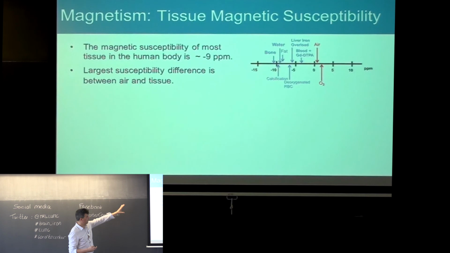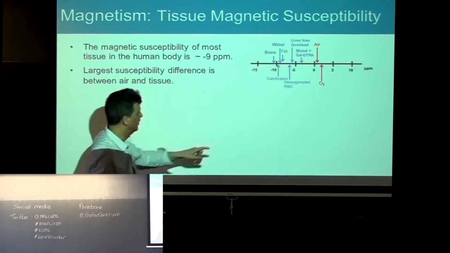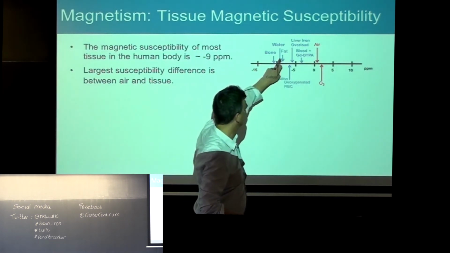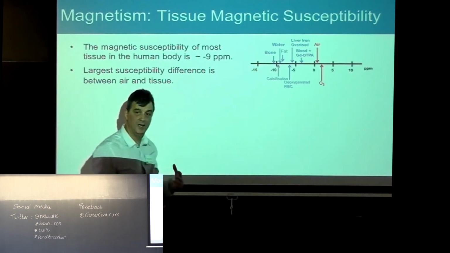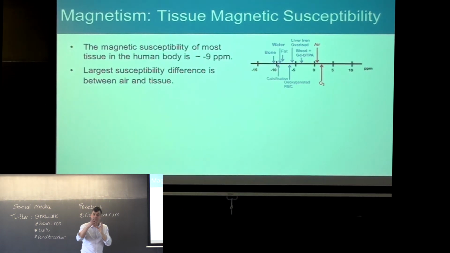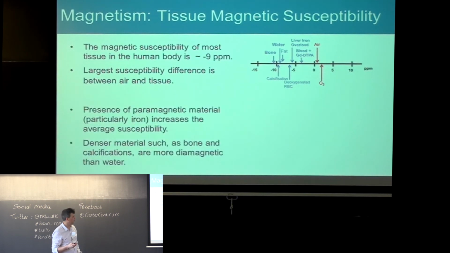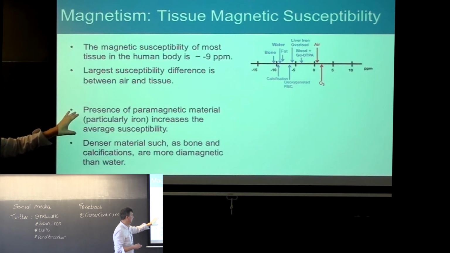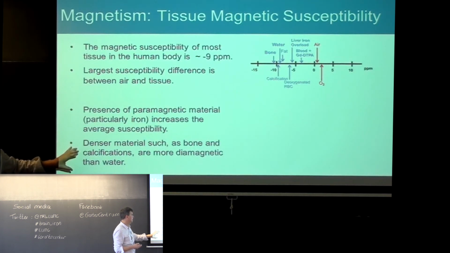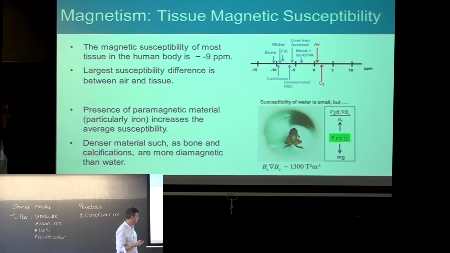So the largest effects actually of susceptibility in magnetic resonance imaging are from air tissue boundaries, because there you have a big difference in magnetic susceptibility, about 9 parts per million. The effects of variations of iron content and other things are a bit more subtle generally. So the presence of paramagnetic material, particularly iron, increases the susceptibility. Denser materials such as bone are generally more diamagnetic than water.